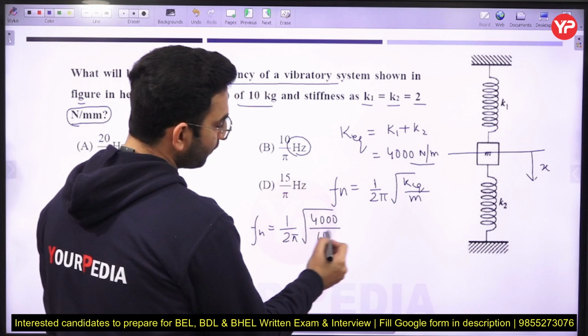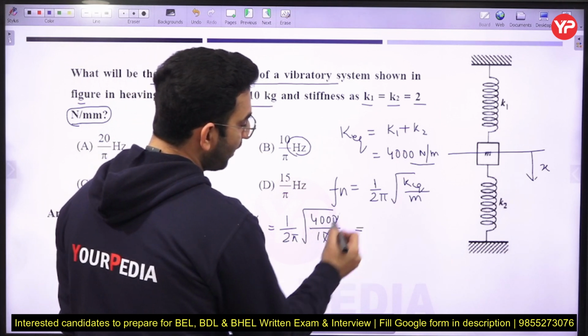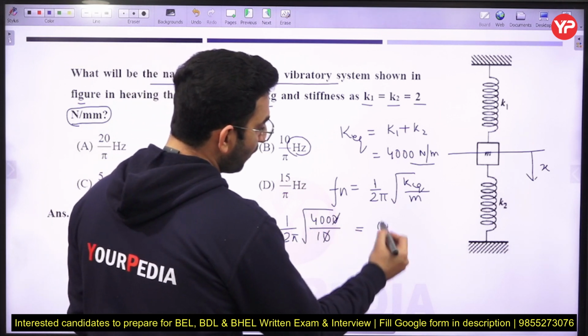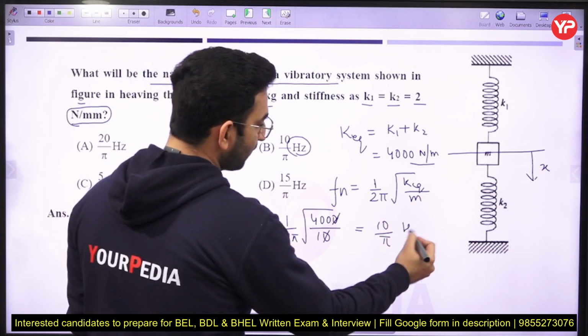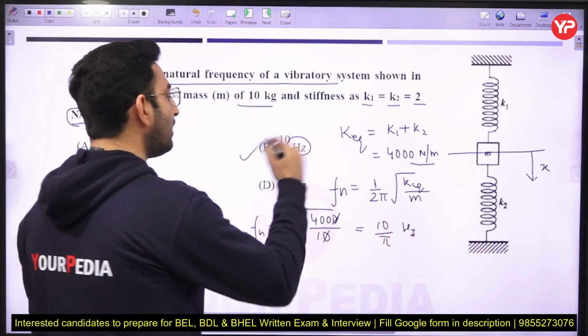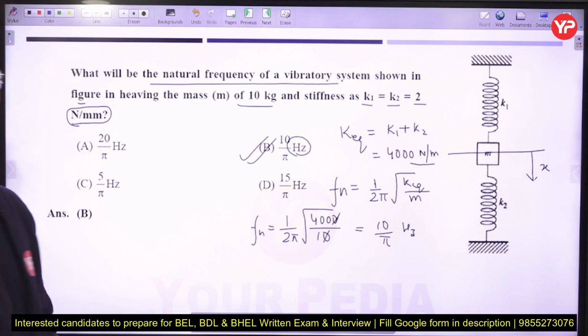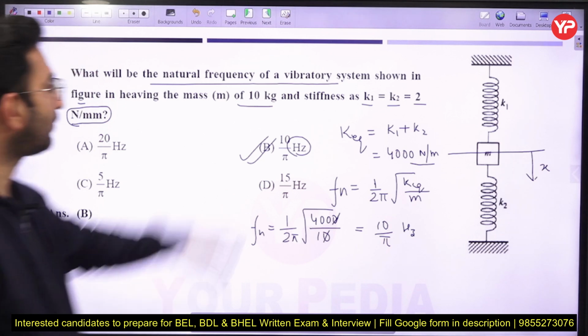After solving this expression, you are going to get 10 to the power 10 divided by pi hertz. So option B is going to be the correct answer for this part. That's a very simple question.